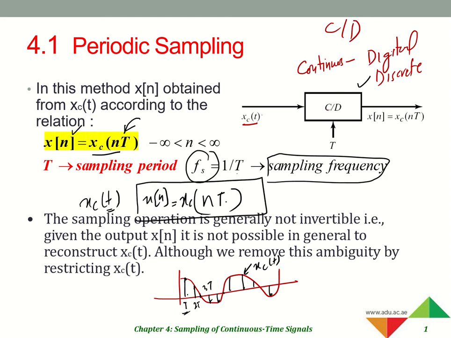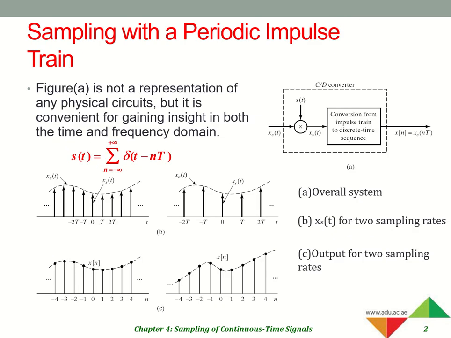This is the mathematical representation of this continuous to discrete time conversion. So how can we achieve this? If you have a continuous time signal and you want to get these sample points, we can get that by multiplying this signal with an impulse train.